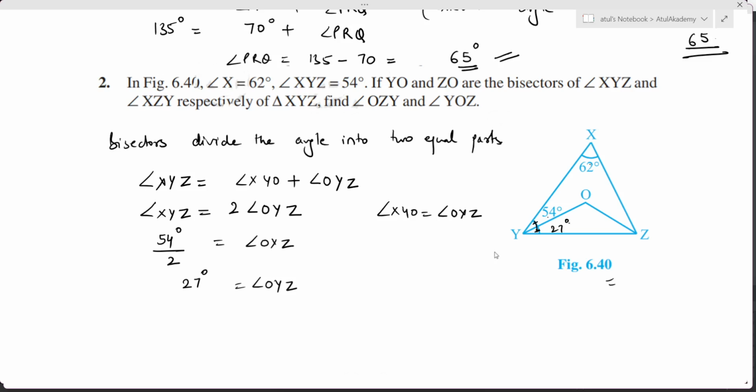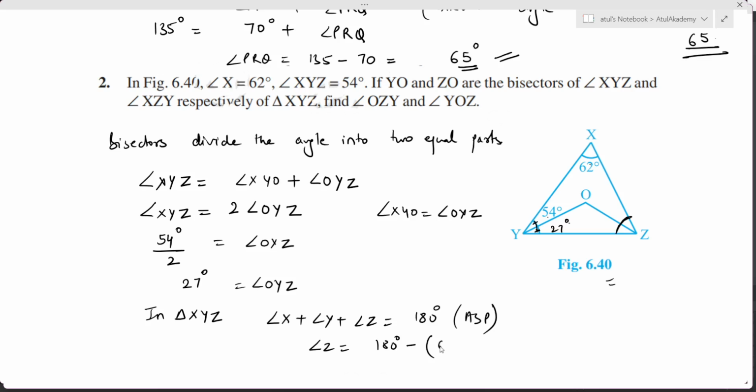Now I need to find out this angle also. I have not calculated it. So this is very easy. In triangle XYZ, you would have done it first also. Angle X plus angle Y plus angle Z is equal to 180 degrees. That's angle sum property. So angle Z will be equal to 180 degrees minus, what is X? 62.